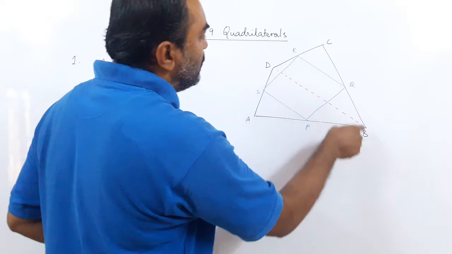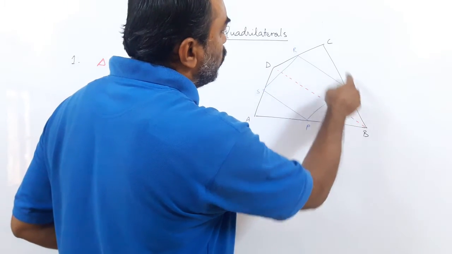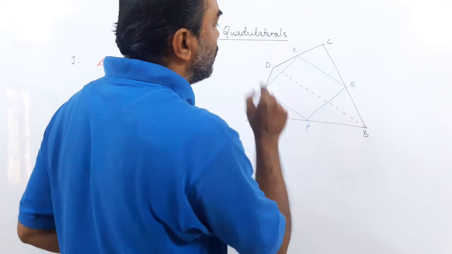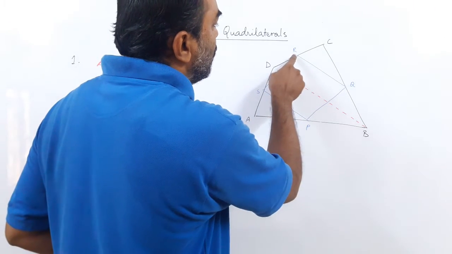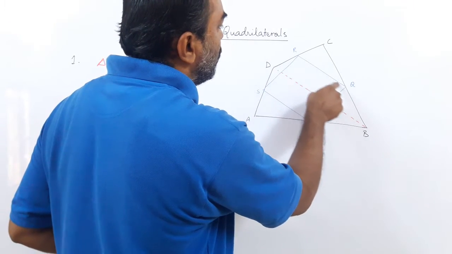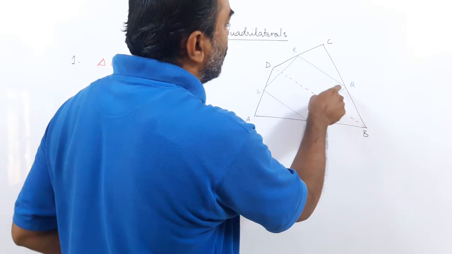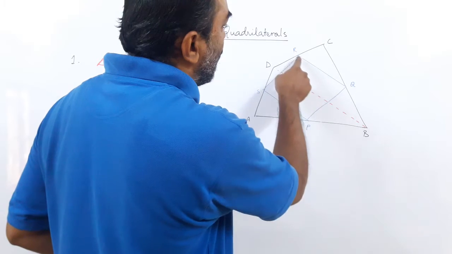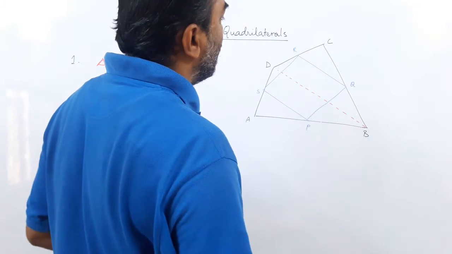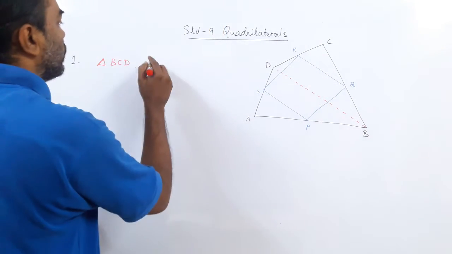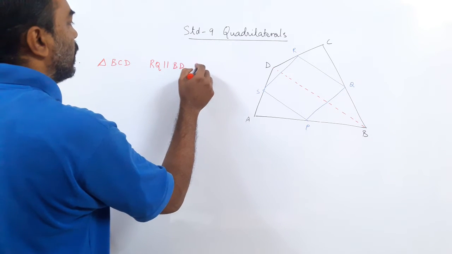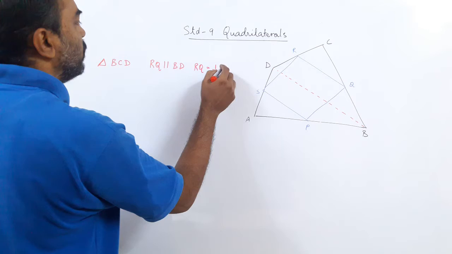If you look at triangle BCD, then we are given Q is the midpoint of BC, R is the midpoint of CD. And the midpoint theorem states the line segment joining the midpoints of two sides of a triangle is parallel to the third side, means RQ will be parallel to BD and even half of it. So RQ is parallel to BD, RQ is half of BD.